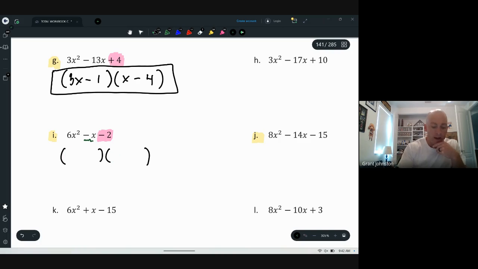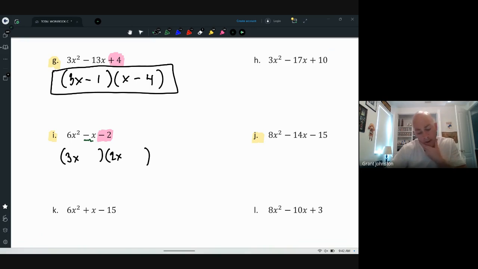Maybe we can try the 3x and a 2x. That gives me 6x squared. And then it's got to multiply to negative 2, these two numbers in here. So maybe I'll put the 1 over here instead of the 2, because if I put a 2 over here, that's going to get me up to a 6x.